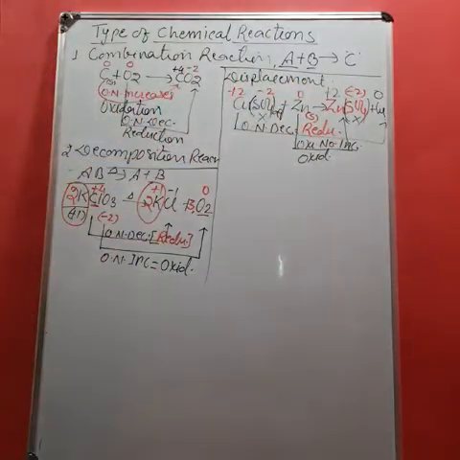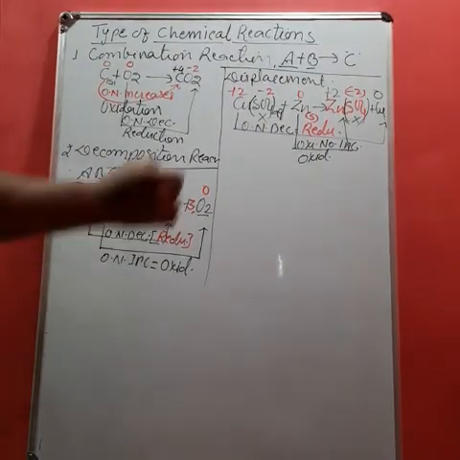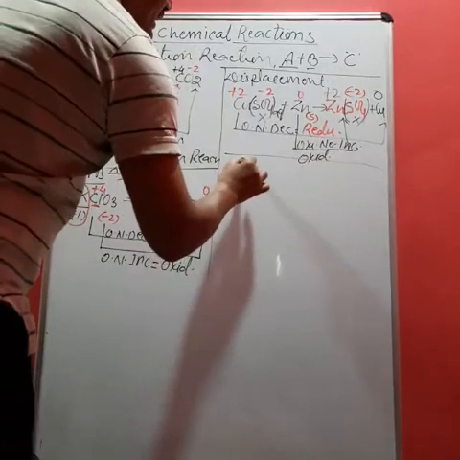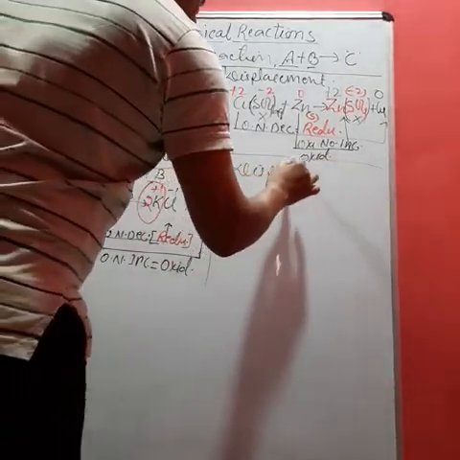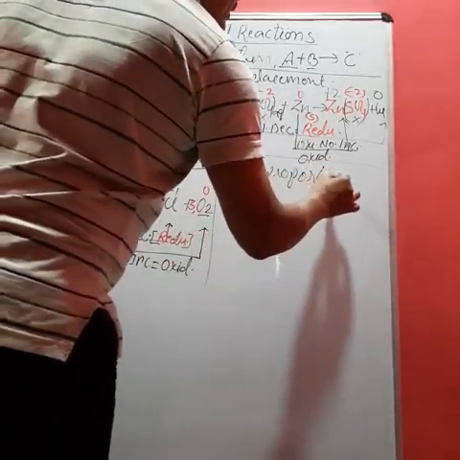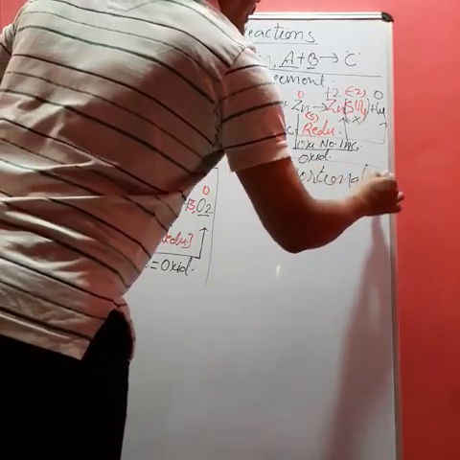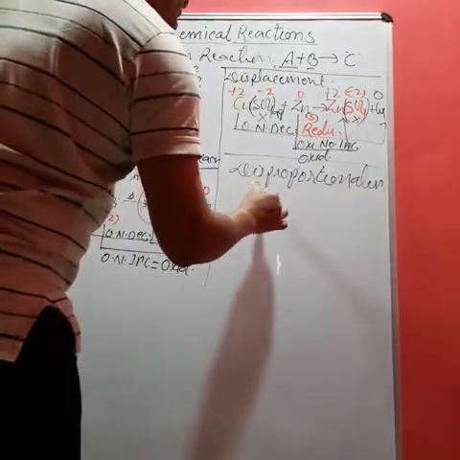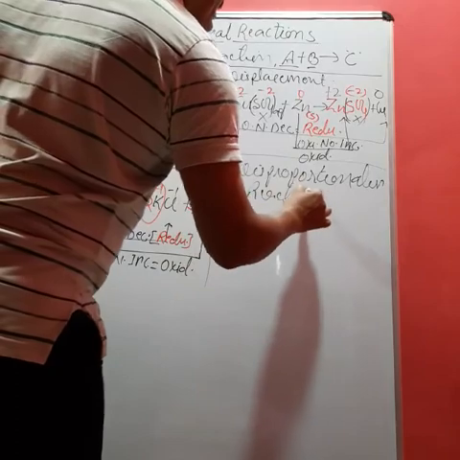So here is the process of oxidation and reduction. Similarly, we have one more reaction, which is called the disproportionation reaction, which we will see in our next video.